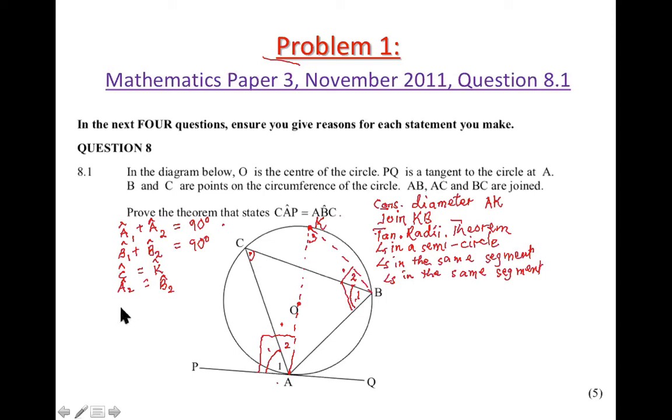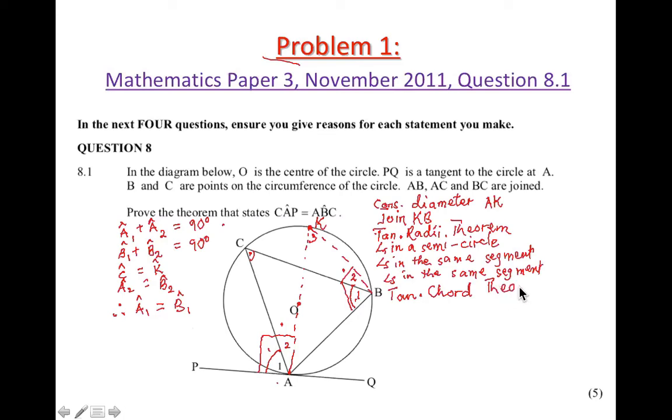So you will say, therefore, angle A1 is equal to angle B1. And the reason is what? Tangent and chord theorem. You can write it in shorthand as tan-chord theorem.